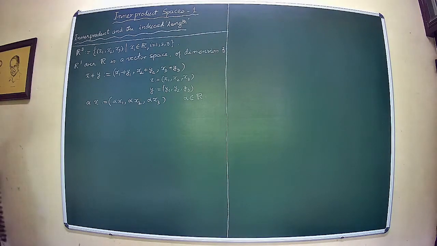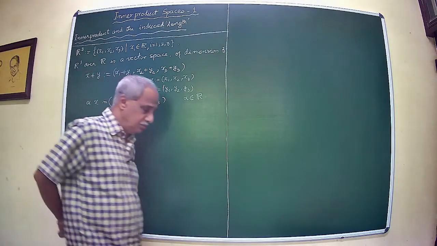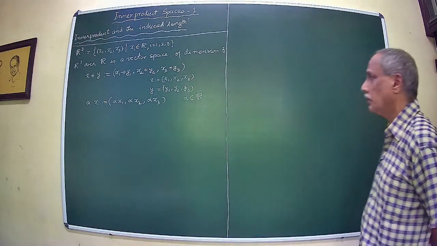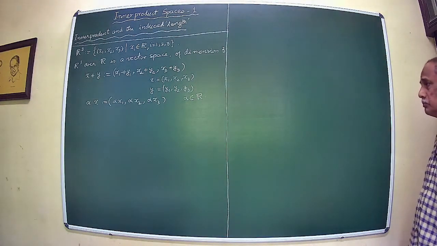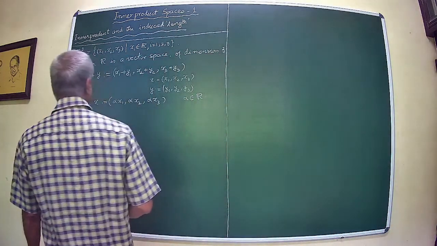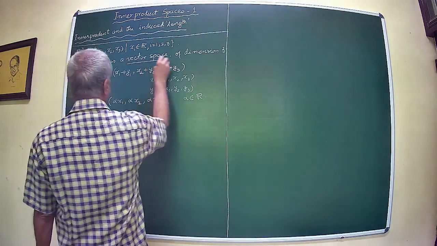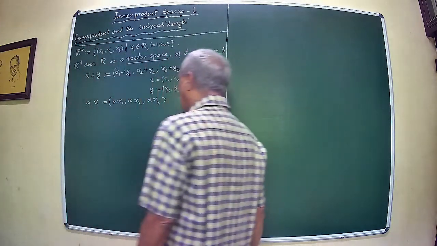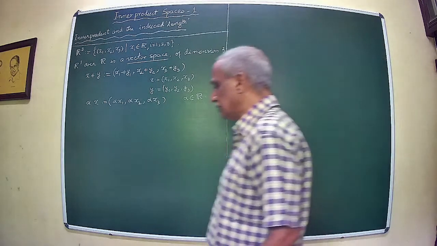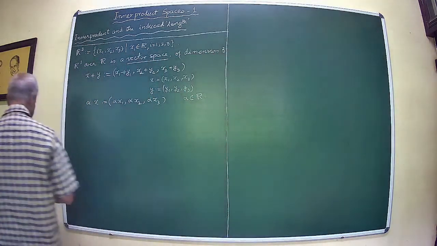And then with respect to these two operations, it induces a structure called a linear space. So R3 is a vector space over R of dimension 3. These are the addition and scalar multiplication that we have done.